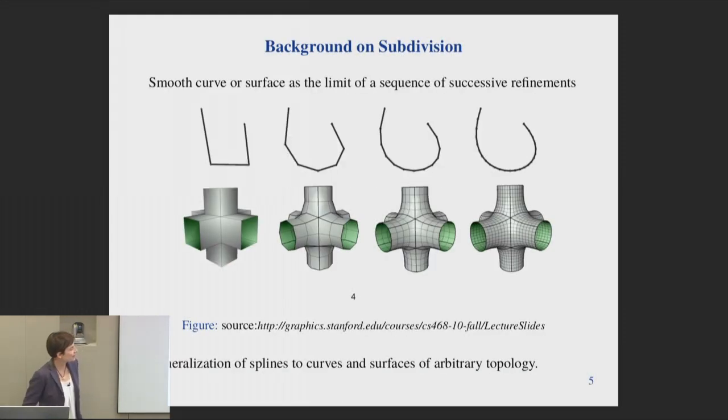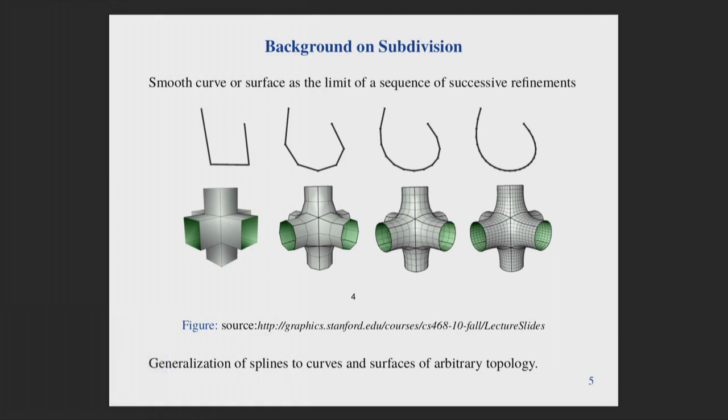So subdivision has a very nice, intuitive way to represent a smooth curve as a sequence of subdivision steps that you take to infinity. The idea is you start with a control polygon. You subdivide it once. You subdivide twice. And by the third time, you can already see that things start becoming smoother.